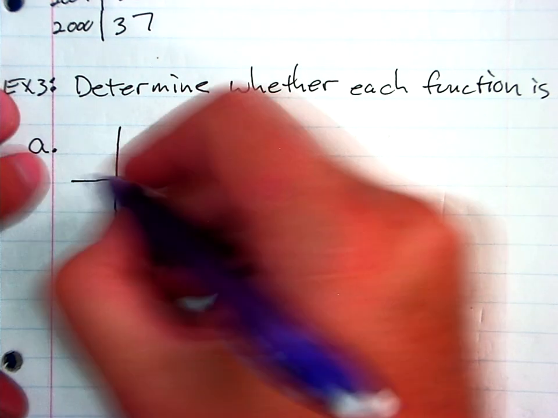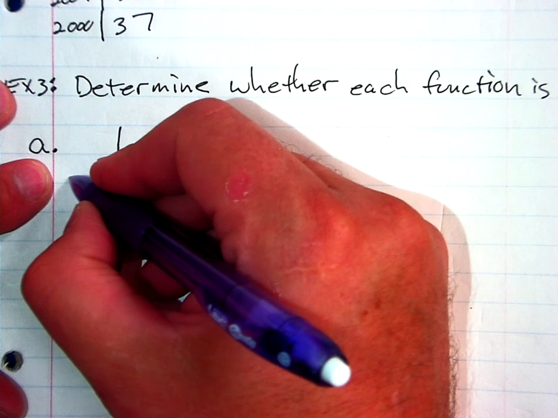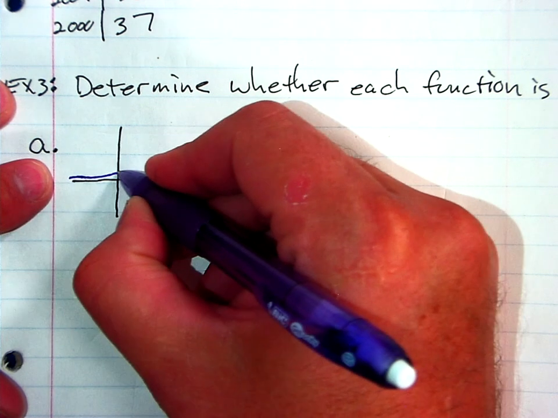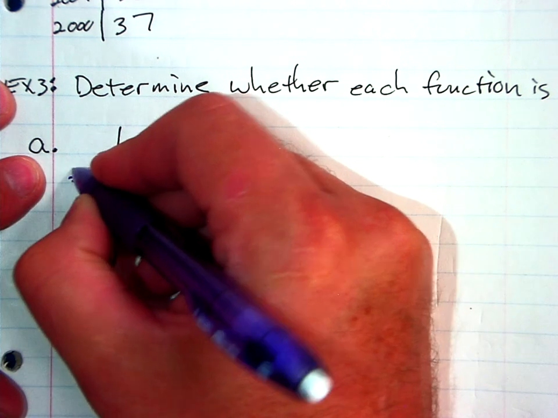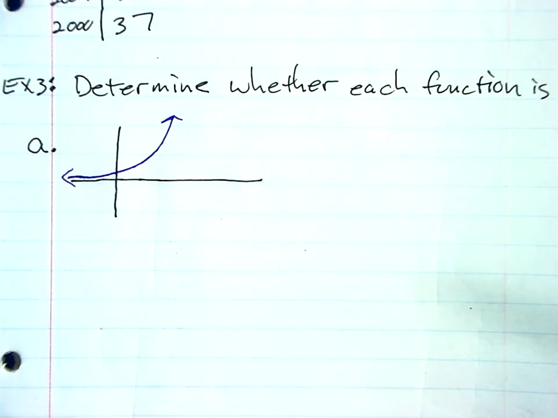And we are going to draw a line. It doesn't actually touch the line, and it keeps getting bigger and bigger and bigger, and then grows exponentially. I'm sure you all know what an exponential graph looks like. Looks like that, right? All right, so my question to you, is that 1 to 1? How do we know if it's 1 to 1?